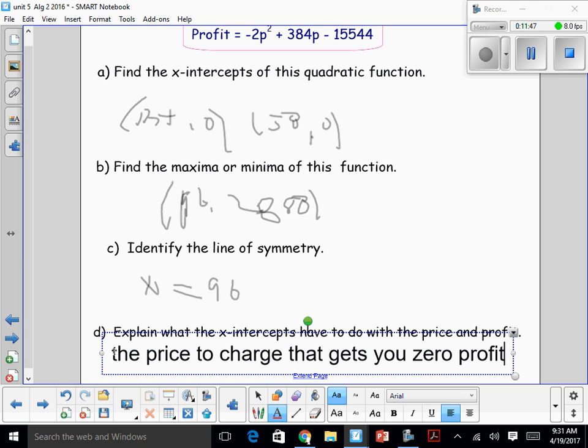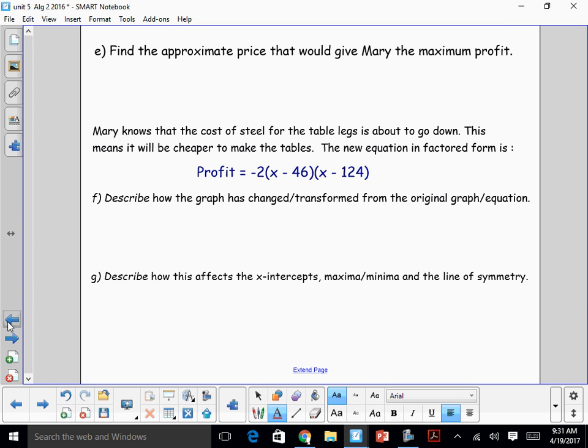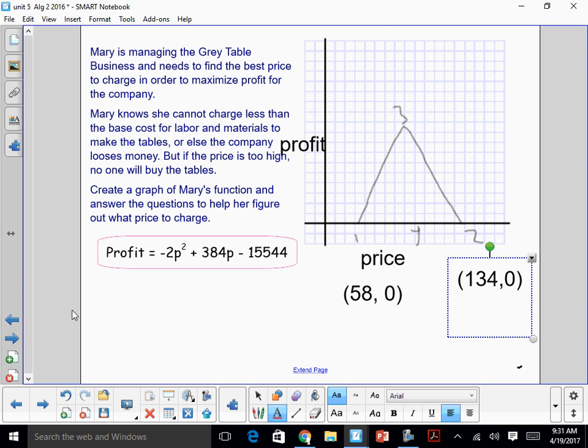All right. Now, find the approximate price that would give Mary the maximum profit. In other words, that's talked about on the picture. Where would she make the maximum profit?